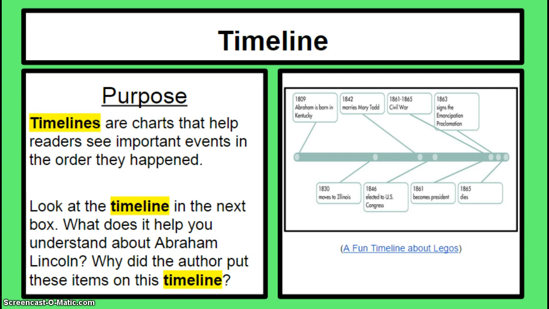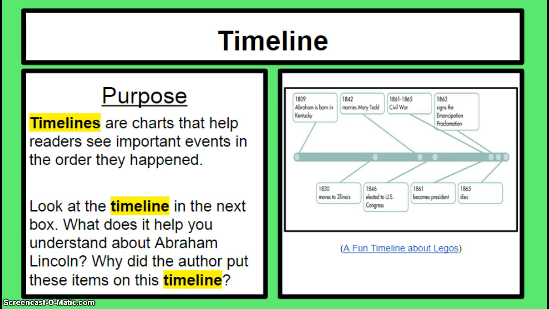And why did the author put these particular items here, such as Abraham Lincoln is born in Kentucky in 1809, and in 1842, he married Mary Todd. And what else do we have? Oh, there it is. 1861, he became president. Why were those specific events shown on the timeline? Why not other ones? Have a conversation with your partner about that. Oh, and pause the video.